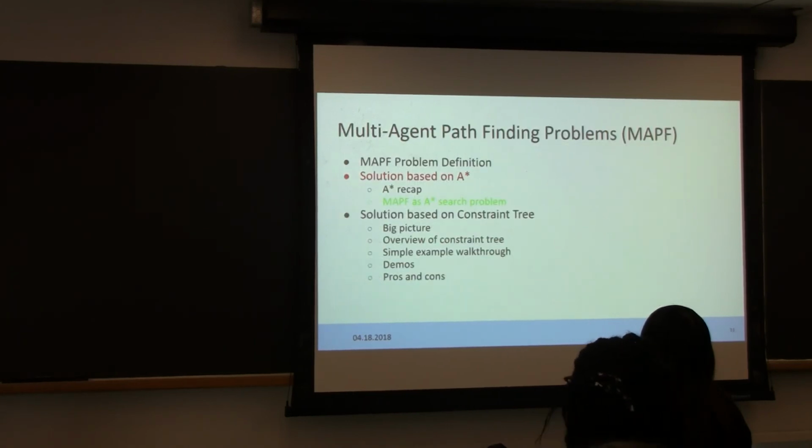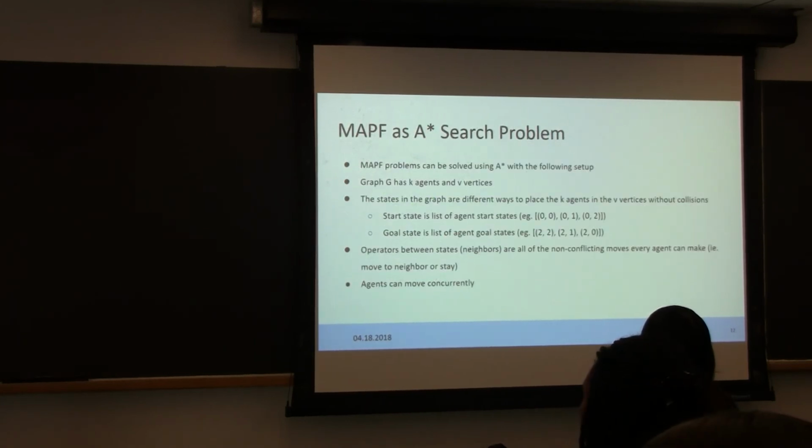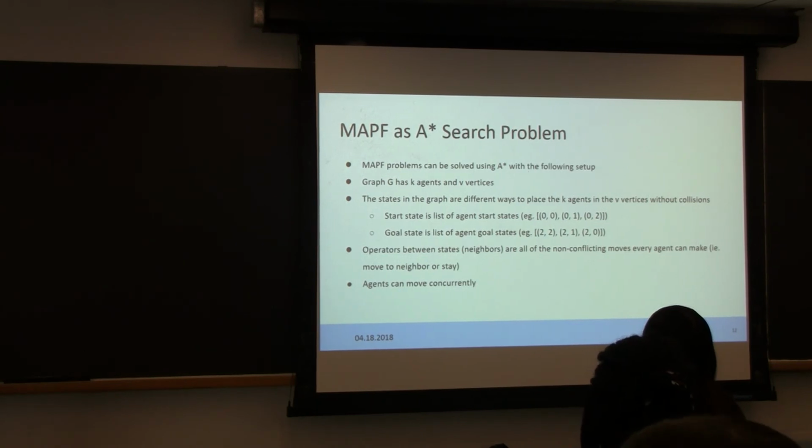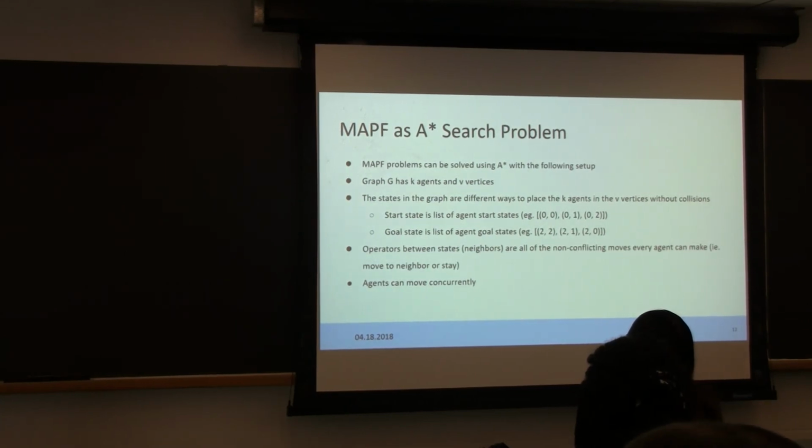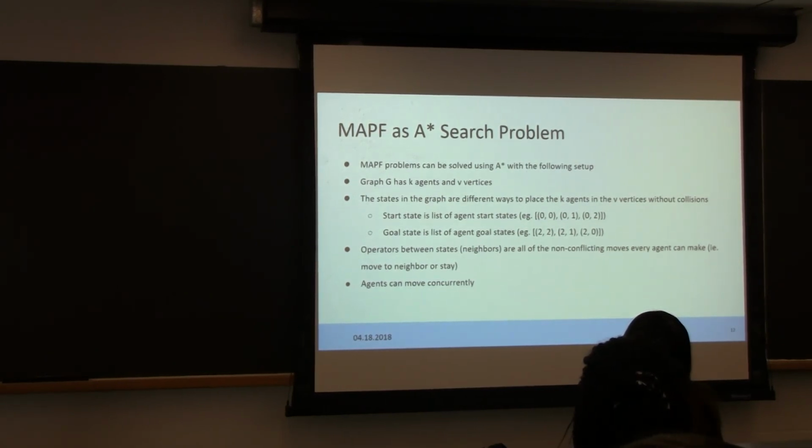So the neat thing though is that we can pretty easily formulate the math problem as an A-star search. Usually people use A-star to do searches for just one agent or one robot at a time. But you can actually use it to solve the math problem as is, and the way that you do that is by representing the states in a kind of unique way. So let's say we have a graph with k agents and v vertices.